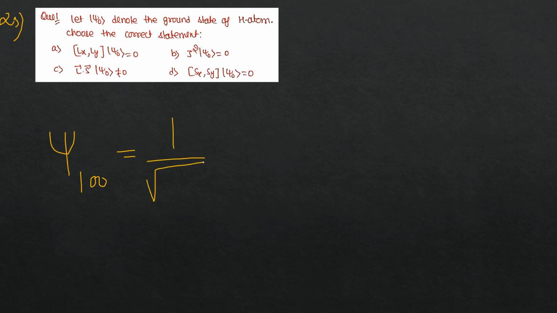1 by root over pi a naught cube e to the power minus r by a naught. This is the ground state of the hydrogen atom.